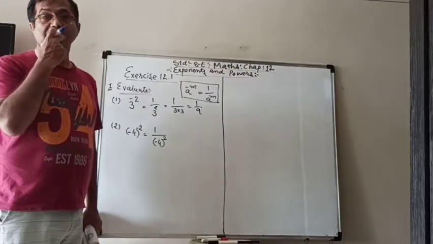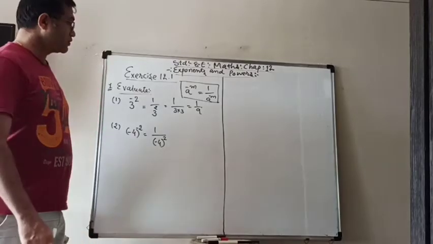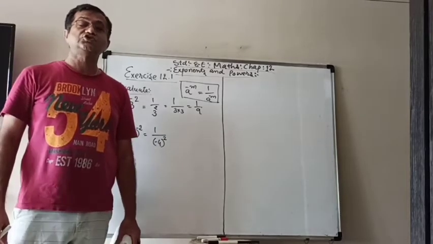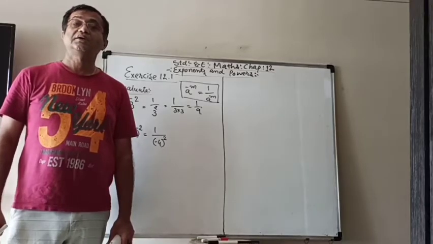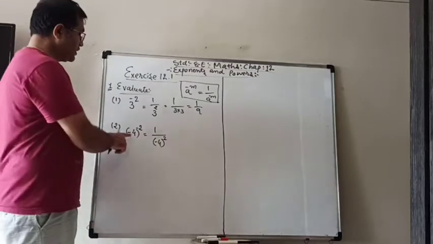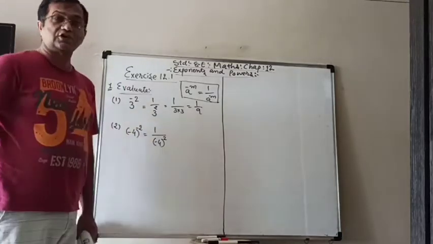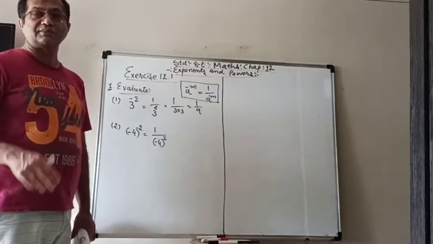Here there is a chance of making a mistake sometimes, because when we tell the students to make the reciprocal, when there is a negative sign, they will make the negative sign positive here also. Actually here the answer will not change, because square of minus 4 and 4 will be the same.